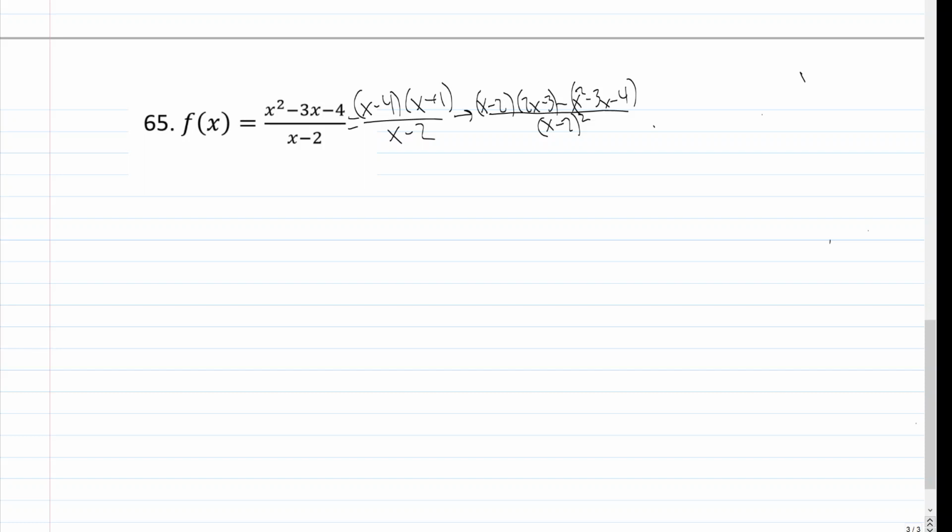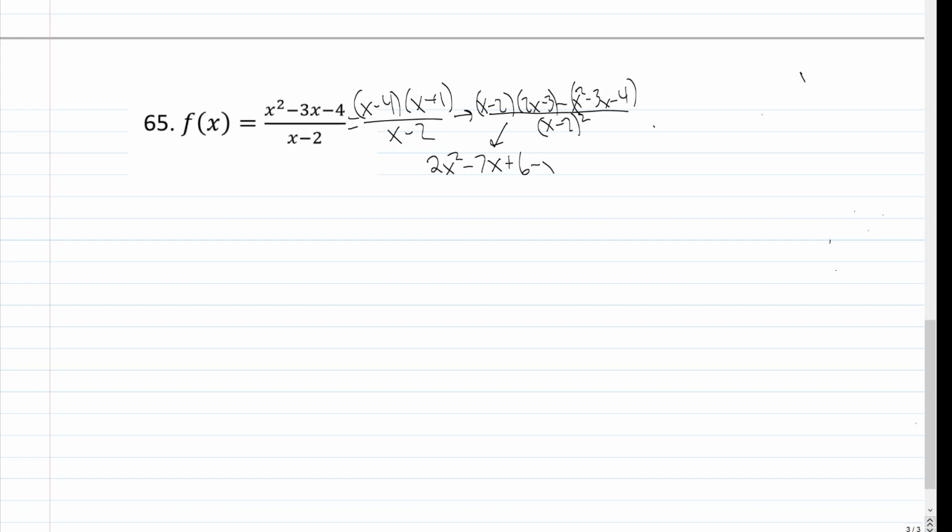Now we have to simplify this. So this is one of those glorious scenarios where simplification is necessary. All right, so I FOIL this out. I get 2x squared minus 4x minus 3x, that's minus 7x plus 6.